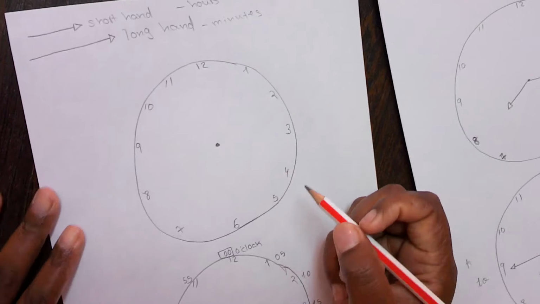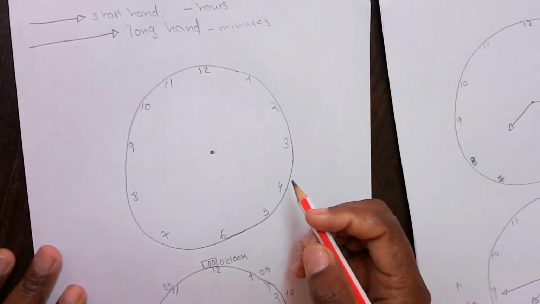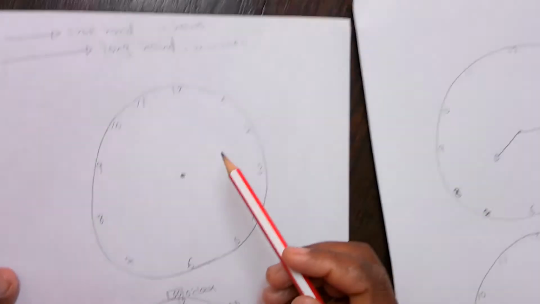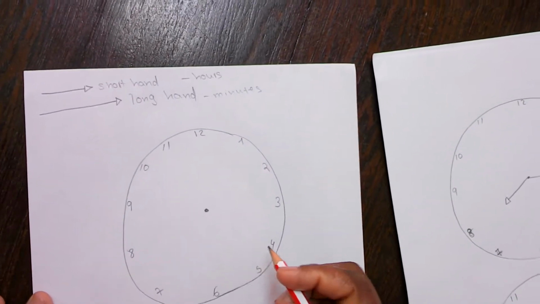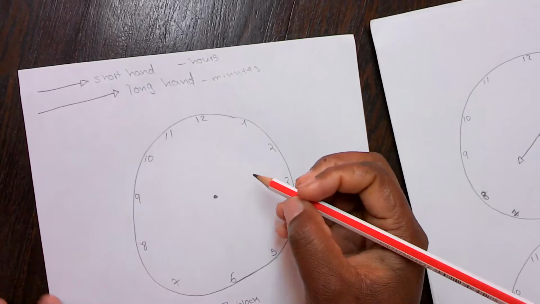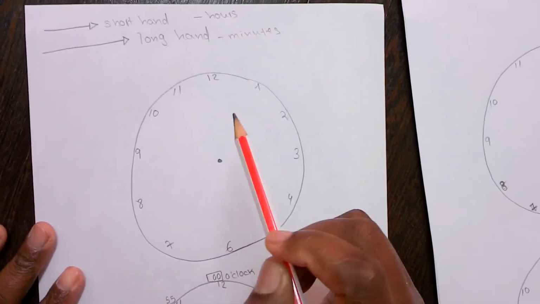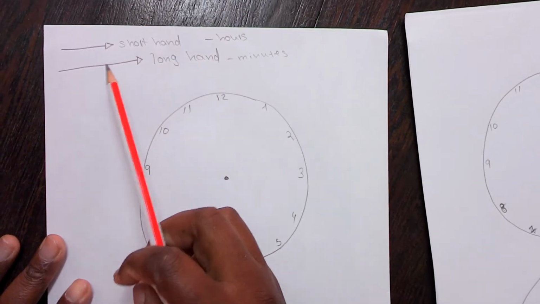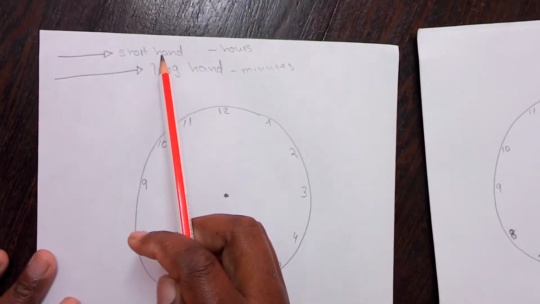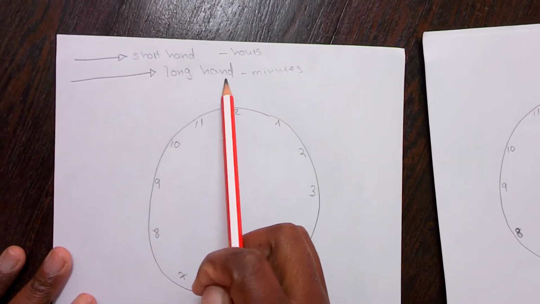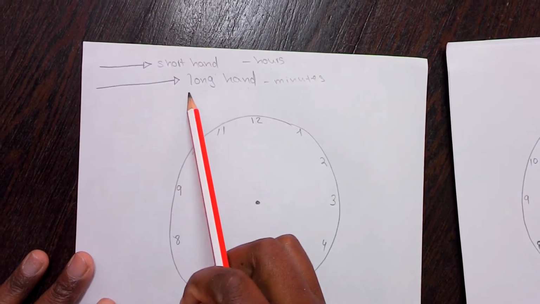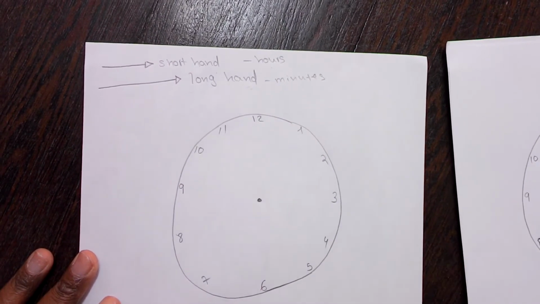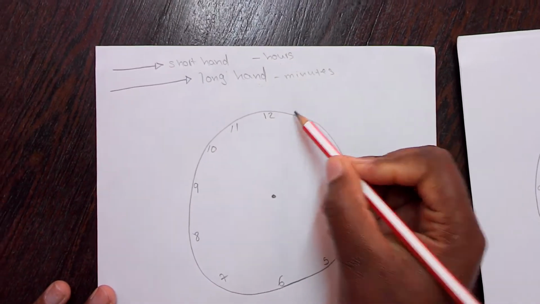So in this handout, we have a clock, okay? In this clock, we have two hands, a short hand and a long hand. We know that the short hand stands for the hours and the long hand stands for the minutes, okay? Here, for example, we have this clock.